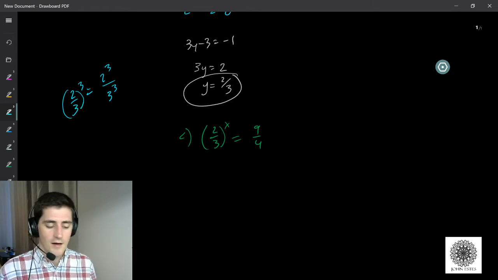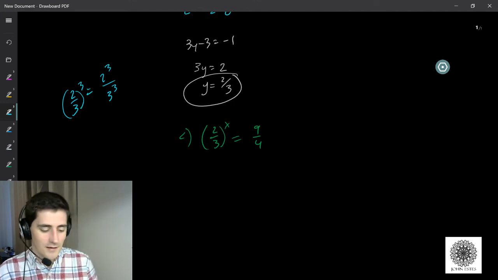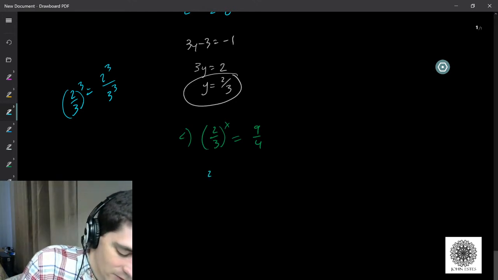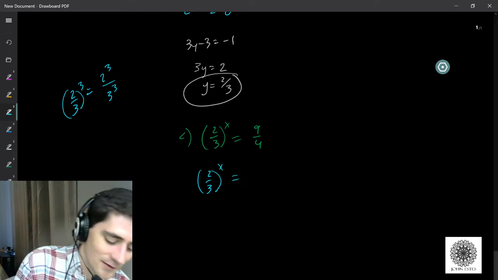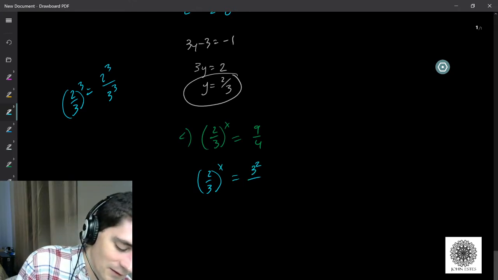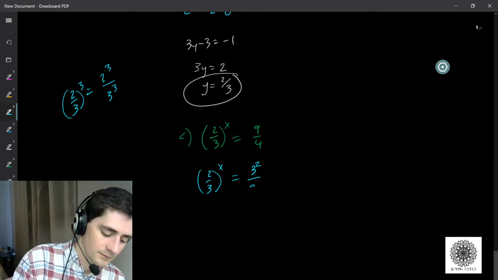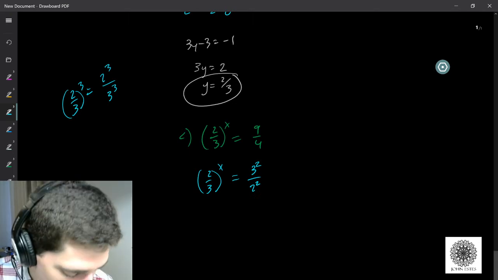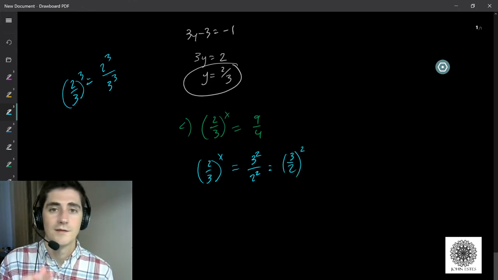Alright, and I think 2/3 is my common base here because 2 and 3 are both prime. And so that kind of gives me a hint that I can't really do anything with them. So I have 2/3 to the x power. Oh, and I recognize here that 9 is 3 squared and 4 is 2 squared. Okay, so that would be the same thing as 3/2 squared, which is not the base I need.